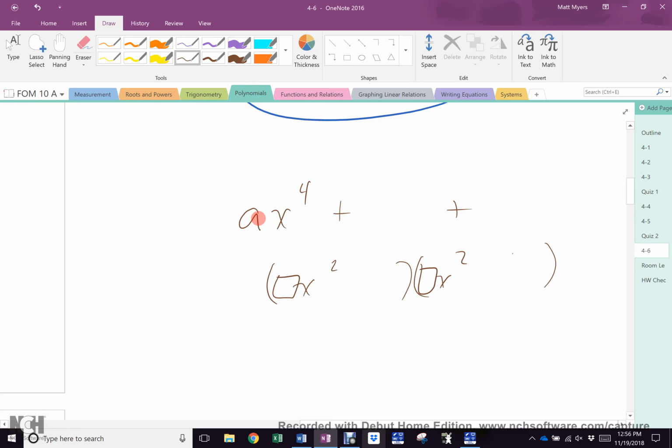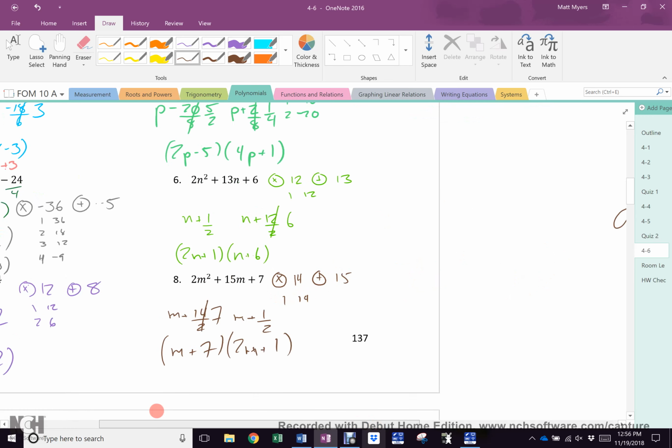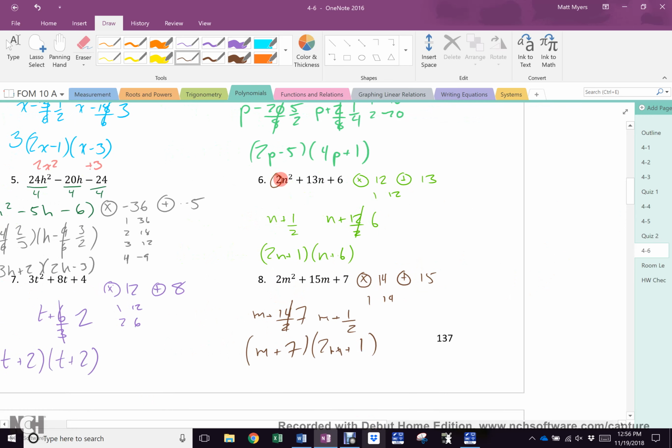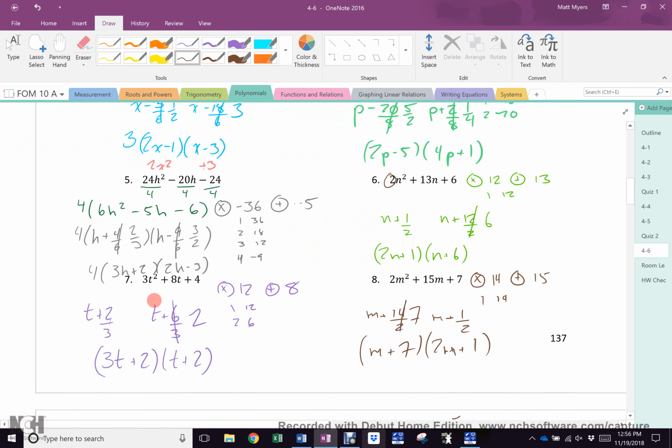How will I find those factors of a? The same way I found those factors of a here. Right? 2 and 1 are the factors of 2, aren't they? 3 and 1 are the factors of 3, aren't they? 3 and 2 are factors of 6, aren't they?